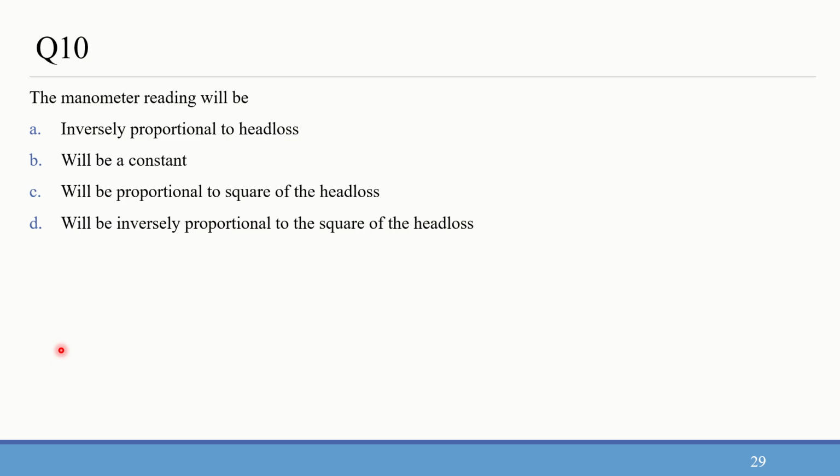Option D, proportional to the square root of head loss. Option E, none of the above. Actually, option E is the right answer. It will be none of the above because manometer reading will be directly proportional to head loss. Option E, none of the above, is the right answer.